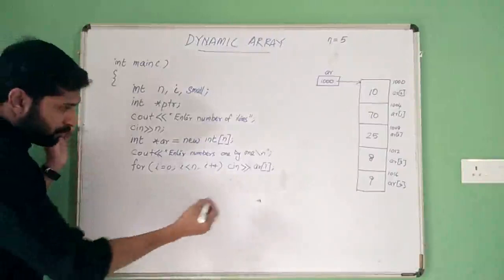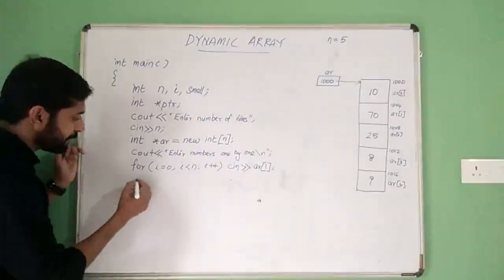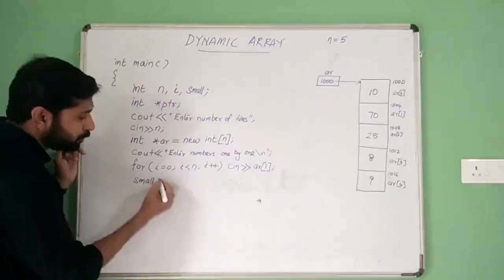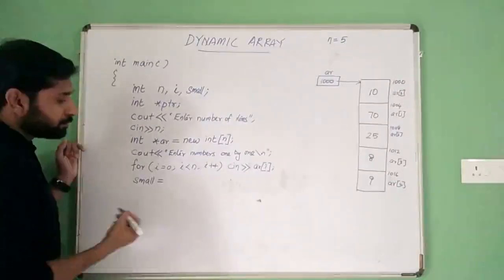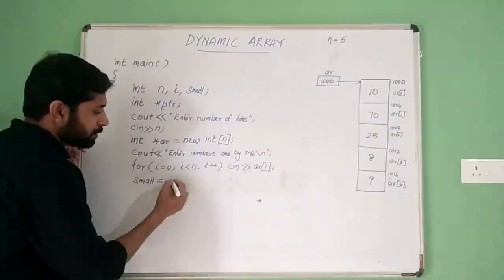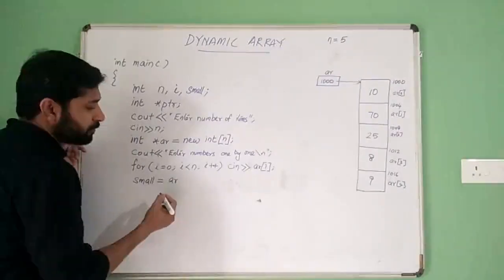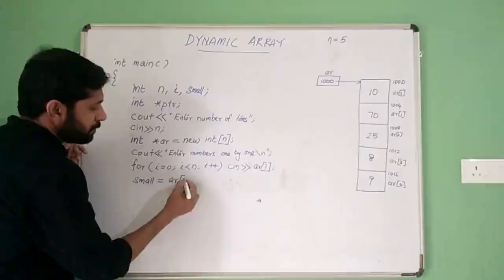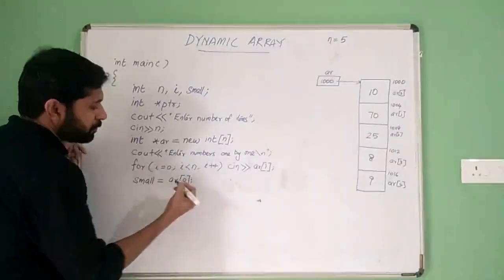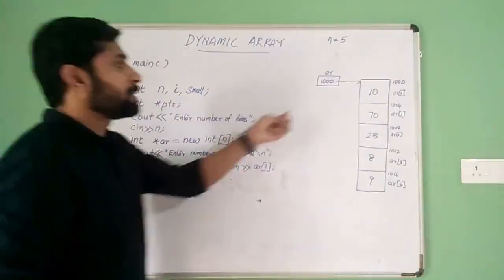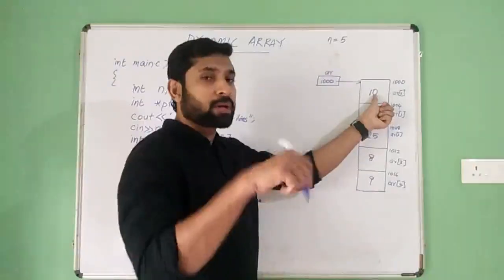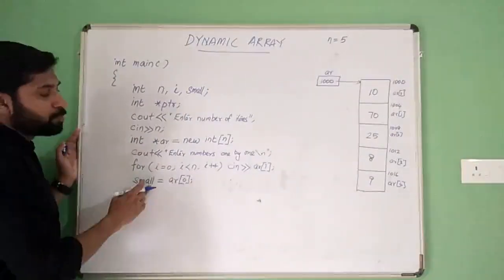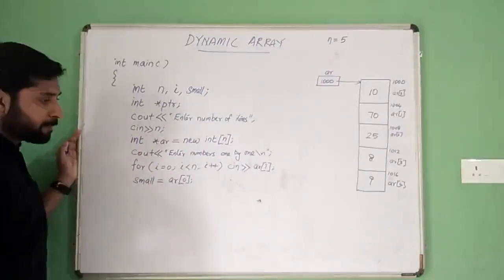So we are here assigning small, let small equal to AR of 0. Let the first element be the smallest element. Now we have to compare this small with the remaining elements.